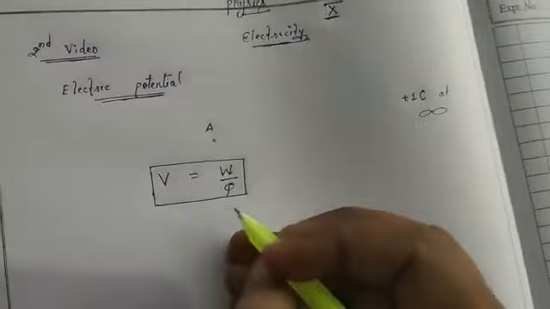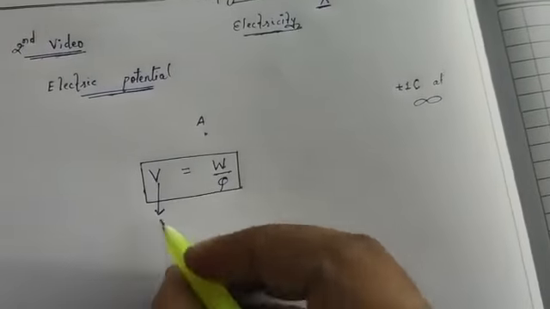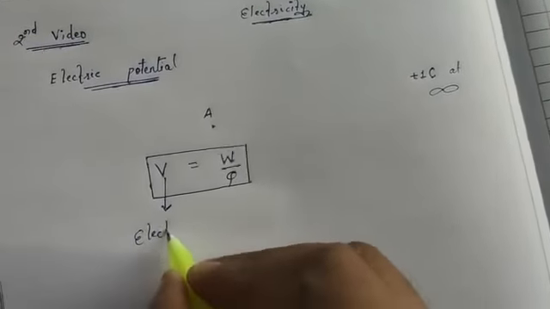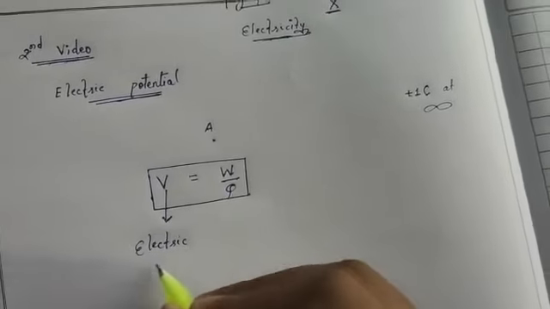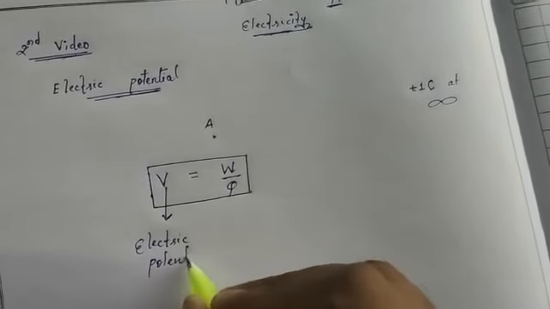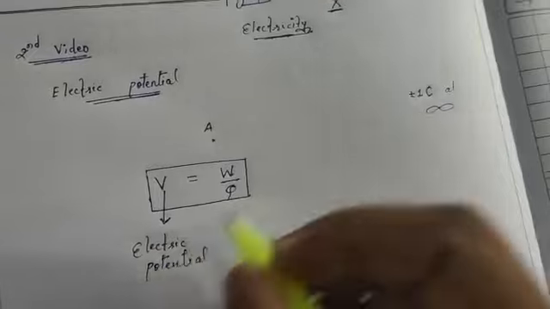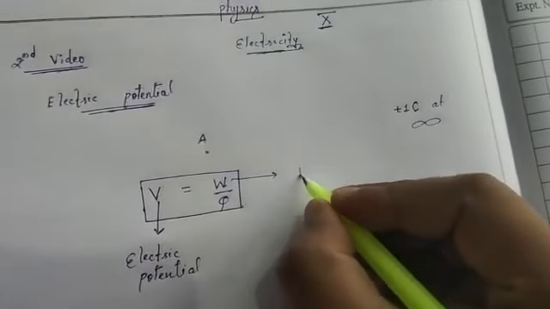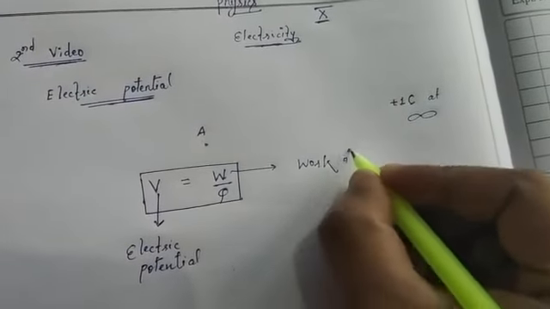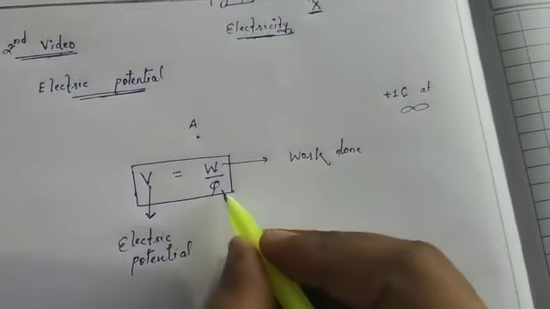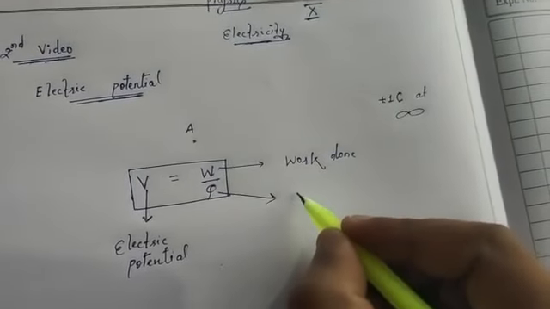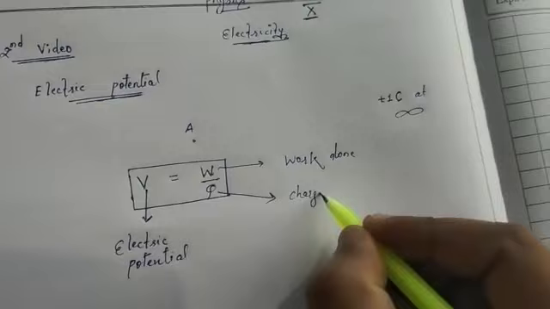That is, V stands for electric potential, W for work done to move this charge, Q is electric charge.